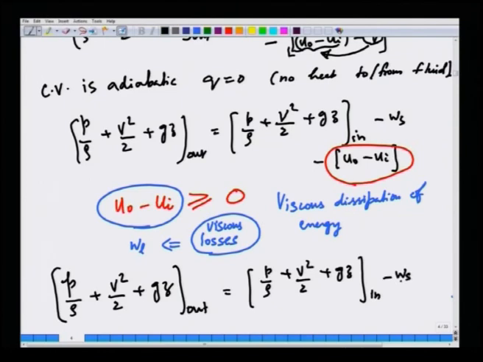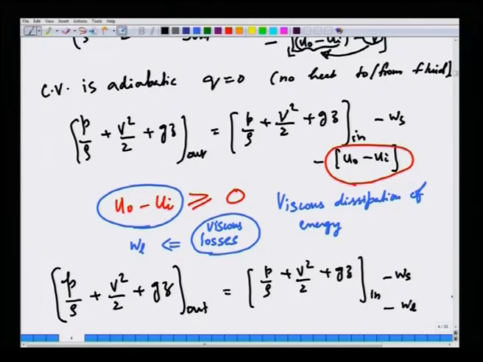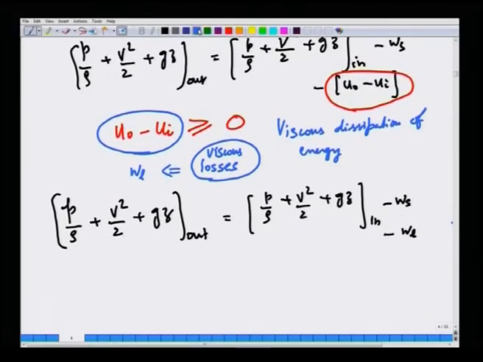This is the shaft work done per unit mass of the fluid by the CV on the surroundings minus W loss. This is the amount of energy lost to internal energy by the viscous dissipation action. Okay. So, this is new, we have to tell what the losses are in order to solve a problem, but we certainly know that there are losses.